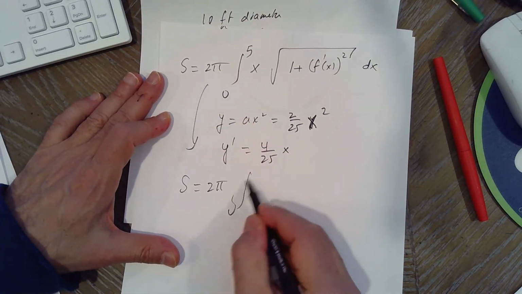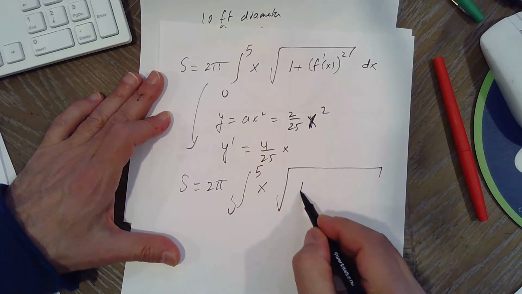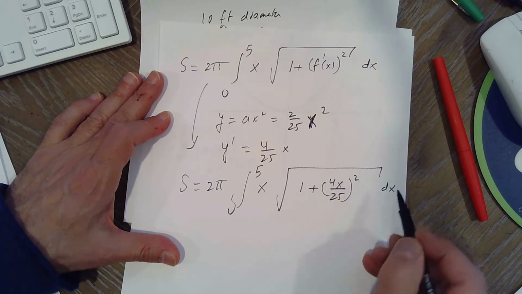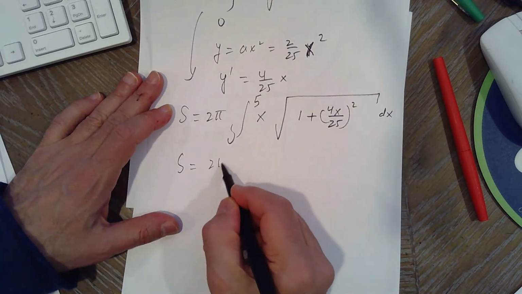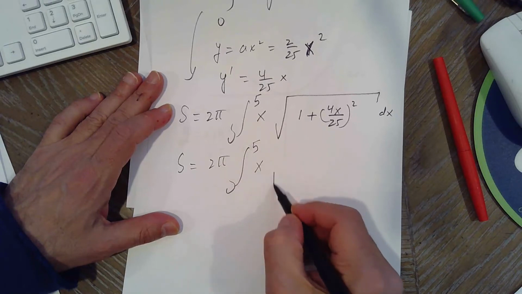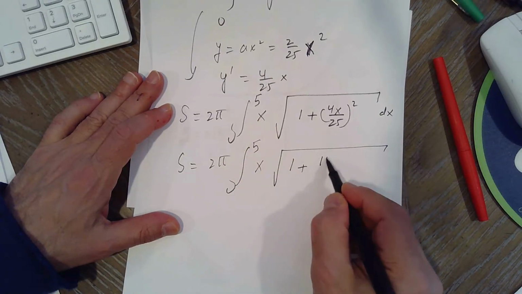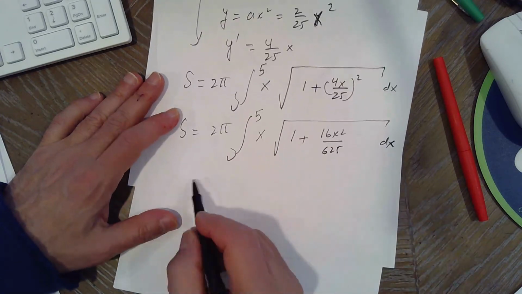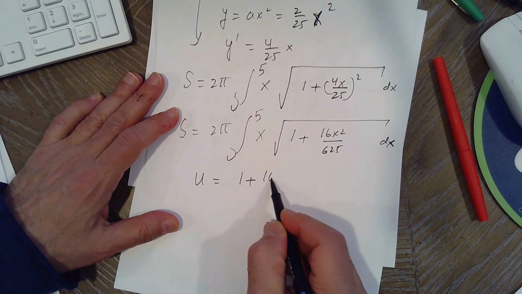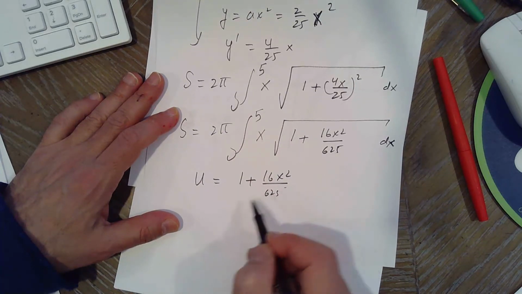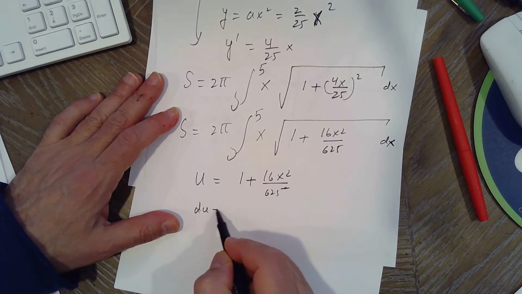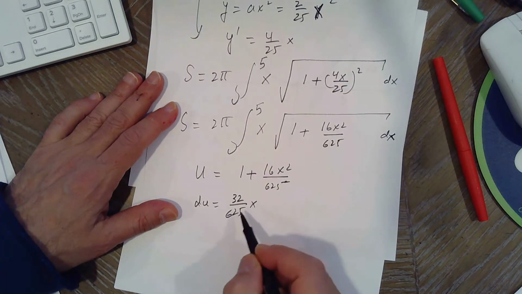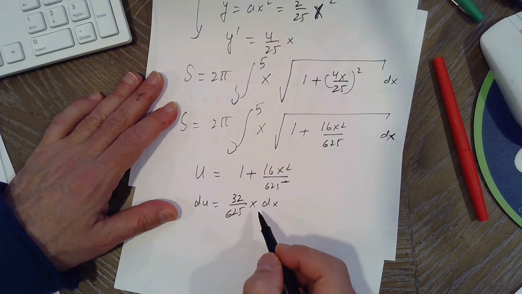2 pi integral from 0 to 5 of x times square root of 1 plus 4x over 25 squared dx. So 2 pi 0 to 5 x square root of 1 plus 16 x squared over 625 dx. Again, using u substitution, du is 32 over 625 x dx.